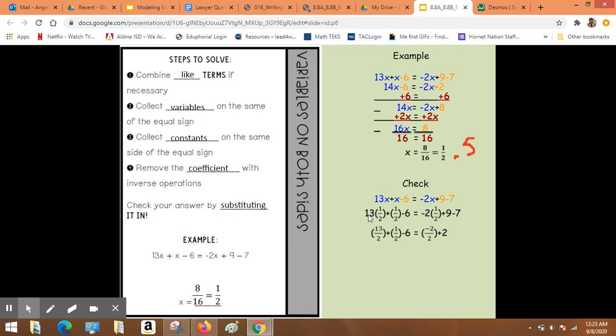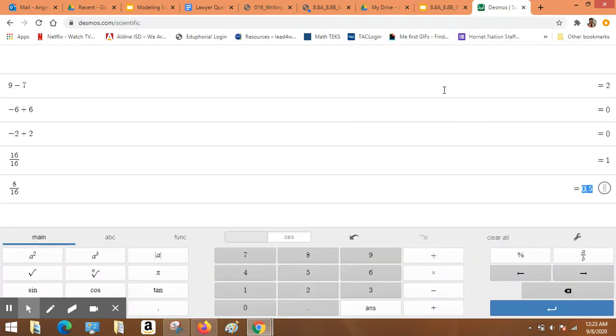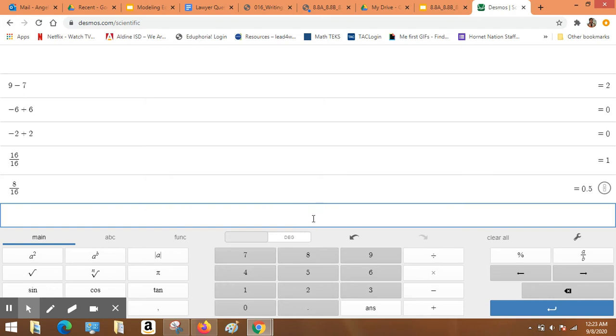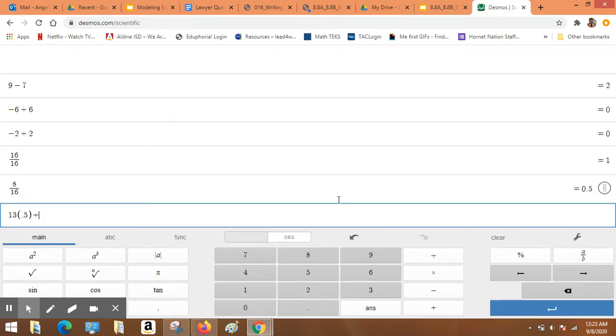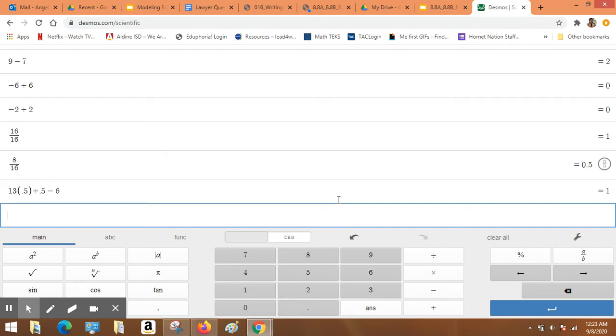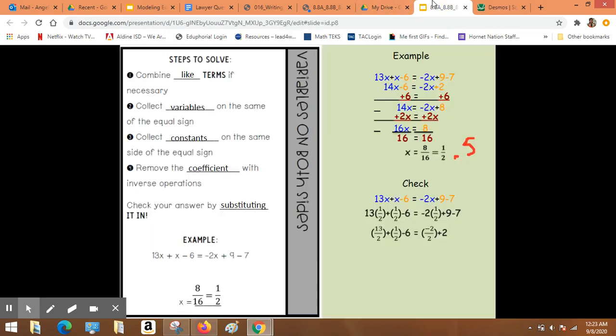Okay, so just make sure you're plugging them back in. You can go into your calculator and just start typing it. So 13 parentheses 0.5 plus, what was the rest? 0.5 minus 6 gives me 1, okay?